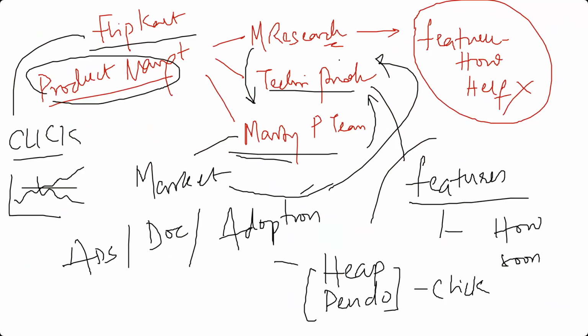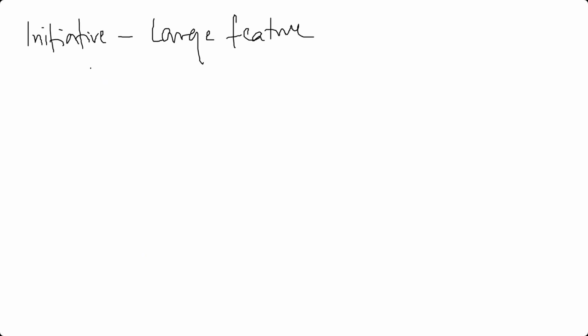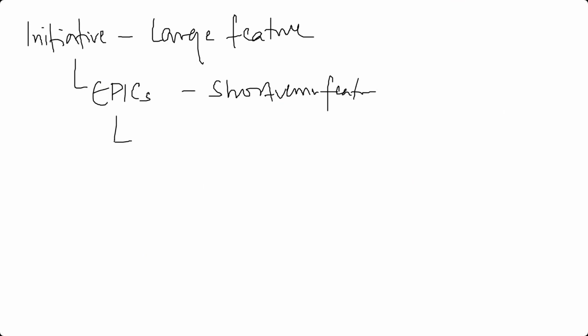You should be focused on the person called the technical product manager. For example, the technical product manager will first define what we call an initiative. An initiative is like a large feature. Under the initiative, he creates something called epics. Epics are a shorter version of a feature. Then under epics, you have a story.